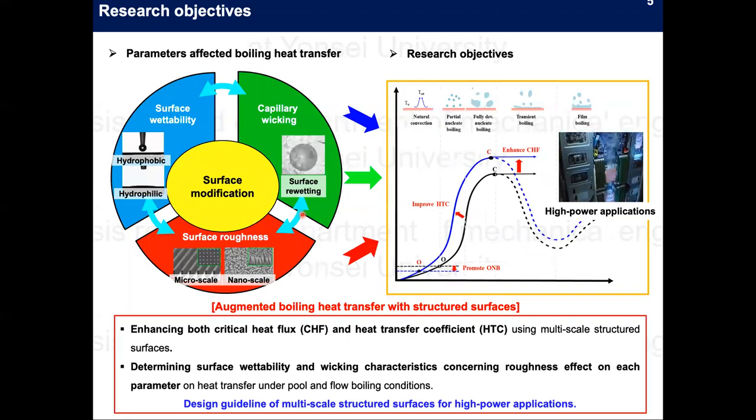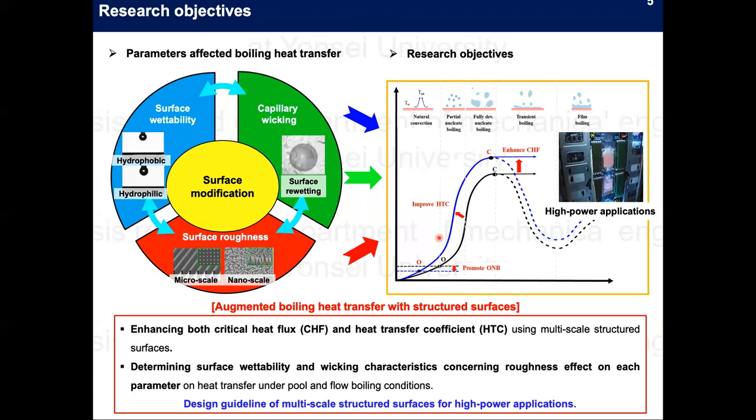In general, surface modification considering surface wettability, capillary wicking, and surface roughness is widely used to enhance overall heat transfer performance of heated surfaces. These parameters are significantly dominated by the surface morphology of structural surfaces and can be manipulated using chemical deposition, MEMS, and microcontact printing methods.